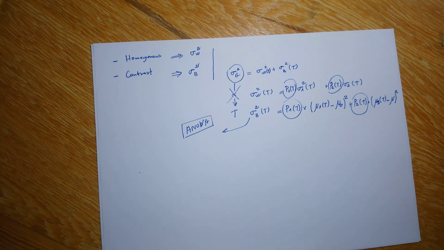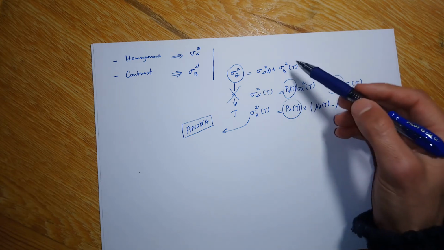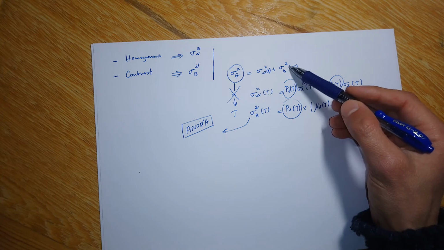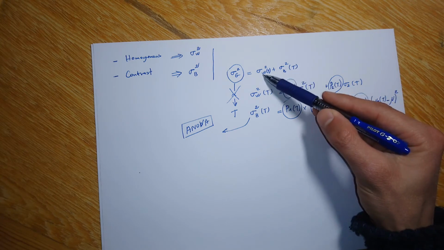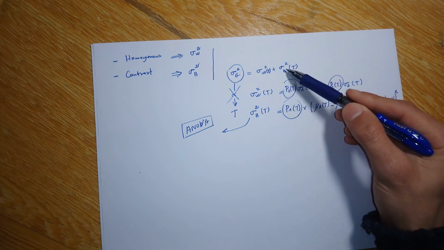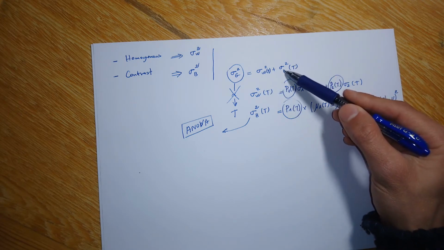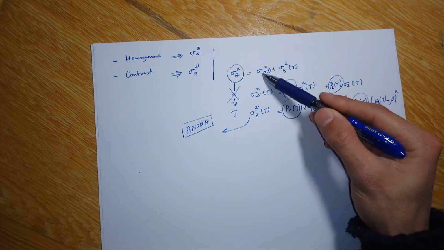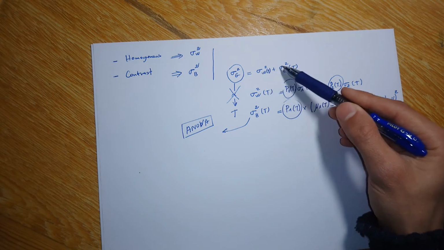So what we need to do now is either increase the between class variance or decrease the within class variance. The reason is, if I increase the between class variance, this would imply automatically a decrease in the within class variance to compensate for that increase.